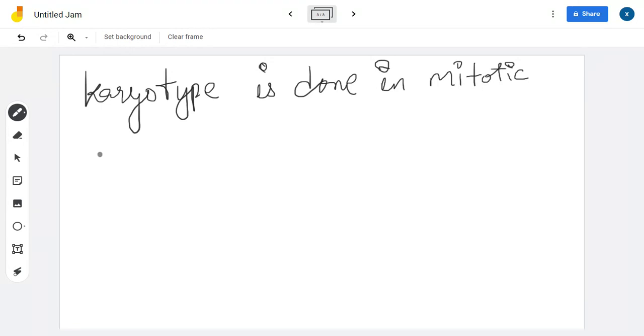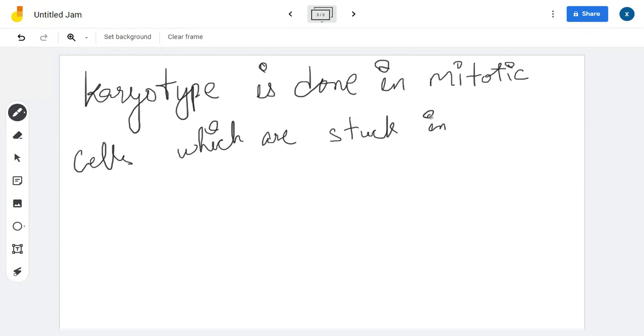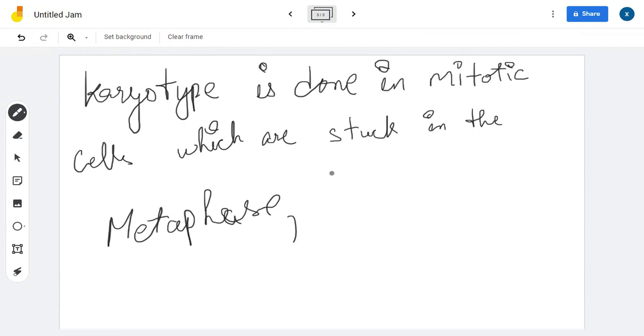So karyotype is done in mitotic cells which are stuck in the metaphase, or, you can say, before metaphase, which is the prometaphase.